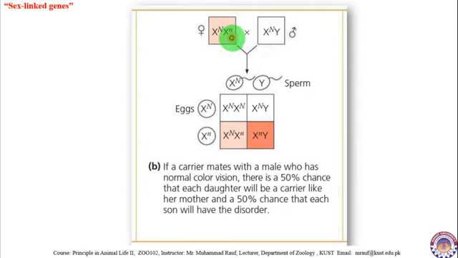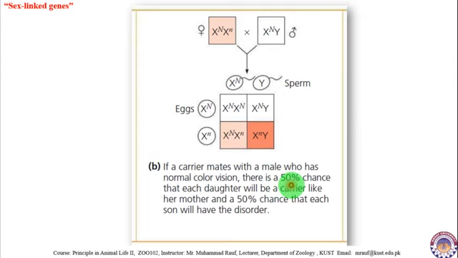So what will happen to their offspring? 50% of the offspring will be normal, 25% will be carriers, and 25% will be sons having this condition.